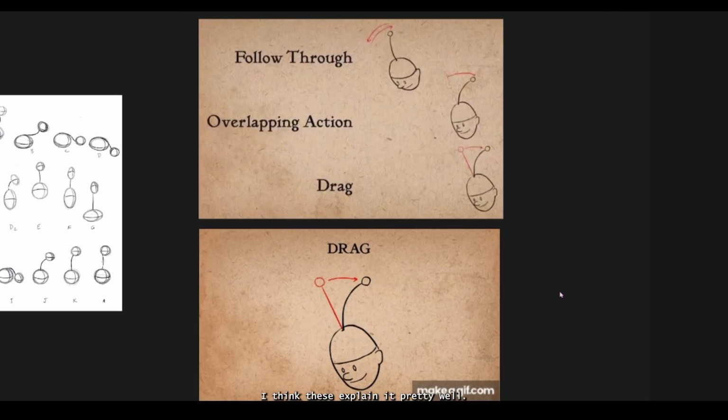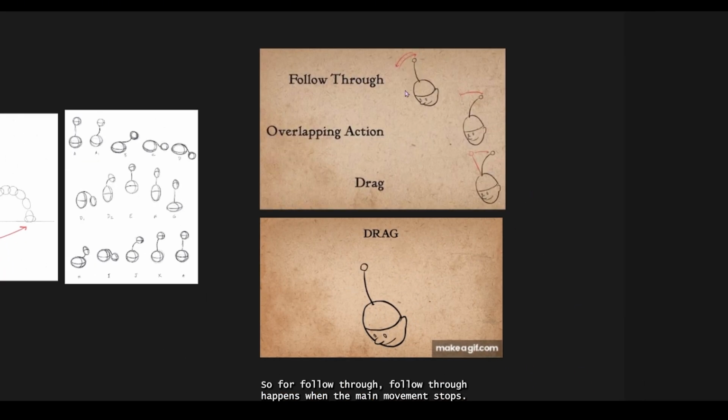I think these explain it pretty well. So follow through happens when the main movement stops. Different parts of the body, like the hair or arms or clothes, continue to move for a short time before coming to rest. So in this case, it would be the straw that would be kind of acting like the hair. And this makes the animation look more natural when it goes like that.